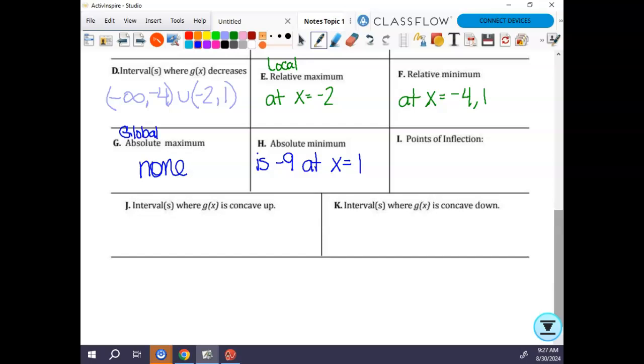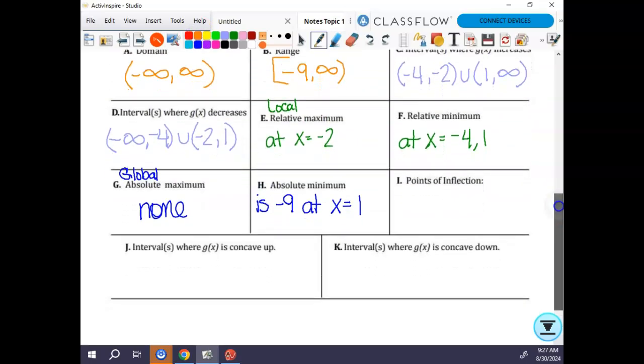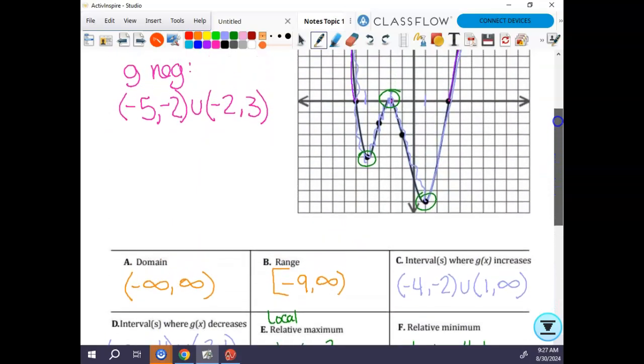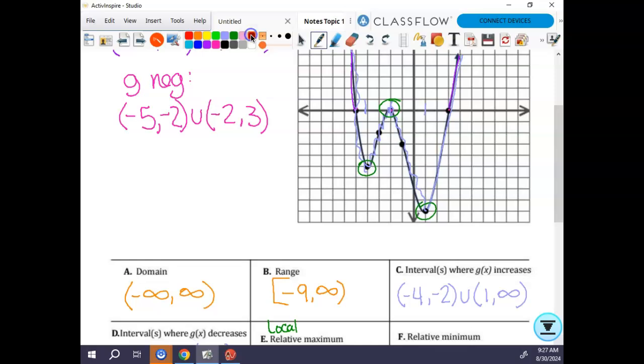All right. So then, points of inflection. Points of inflection occur when the function changes concavity. It's when the rate of change changes from increasing to decreasing.